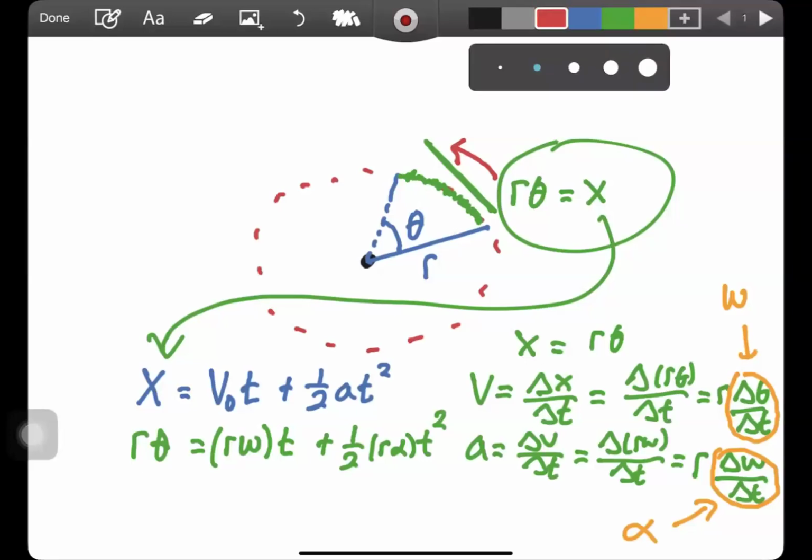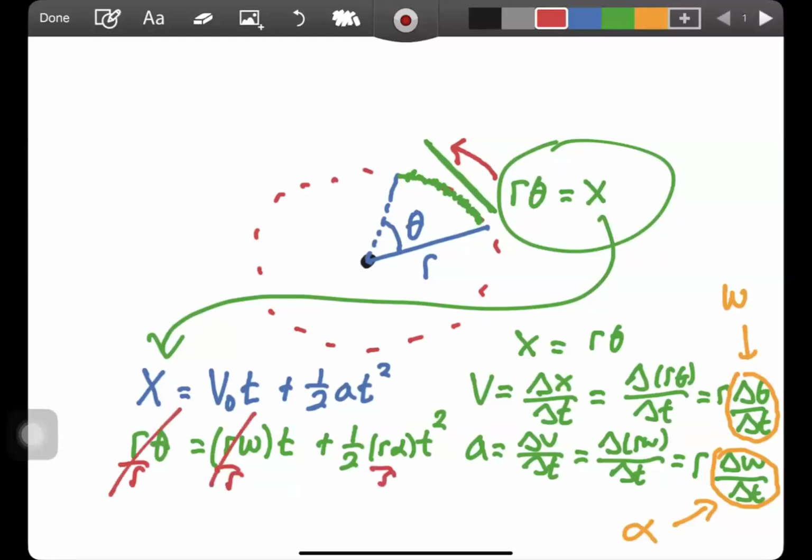And so if I was to divide by r, so when you have an algebraic expression, if you do something to one term, you have to be consistent and do it to the other terms as well. So if I just decided I was going to divide by r, then if I divided by r here, divided by r here, divided by r here, those terms would go to 1. They cancel out.